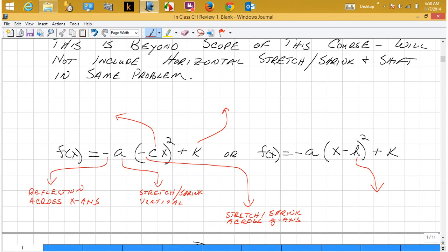And let's see what we have here. We have the C value. Remember, that's going to be a stretch. Wait a second. I'm just talking and not thinking here. The negative sign on the X, that's a reflection across the Y. The C value will be a stretch or shrink.